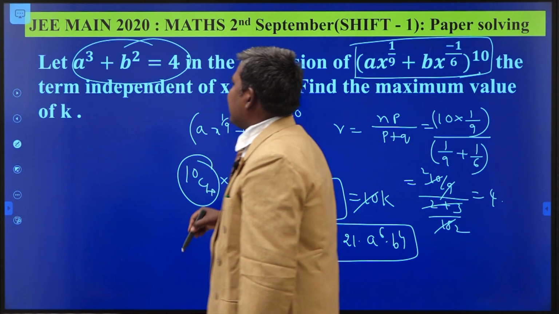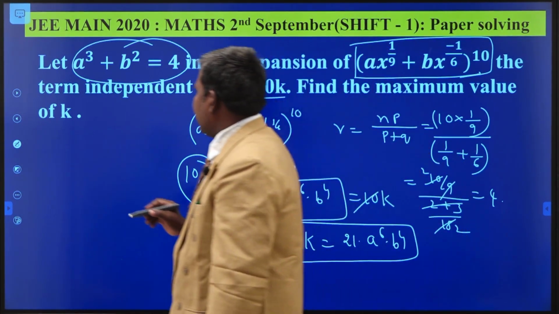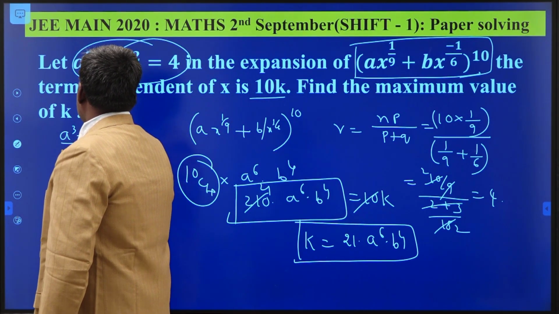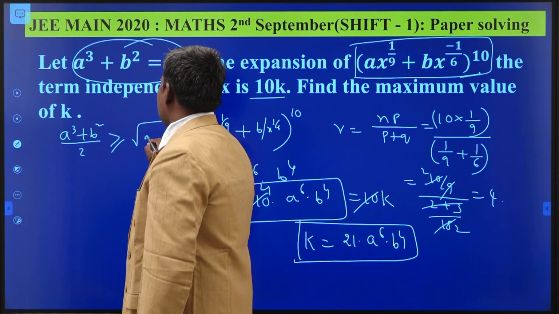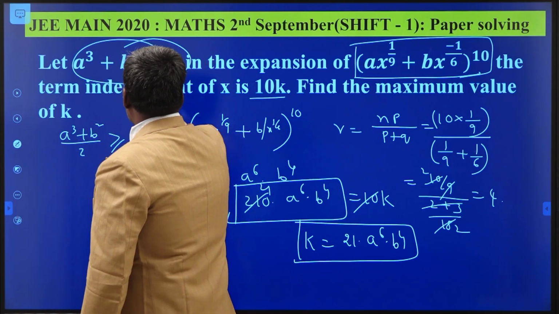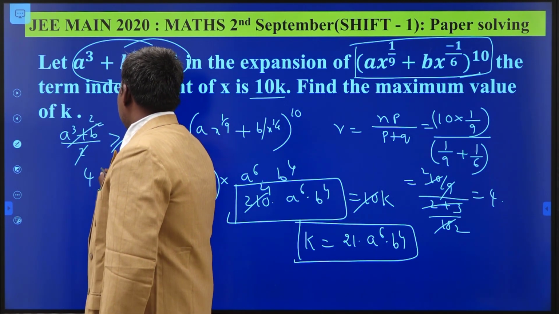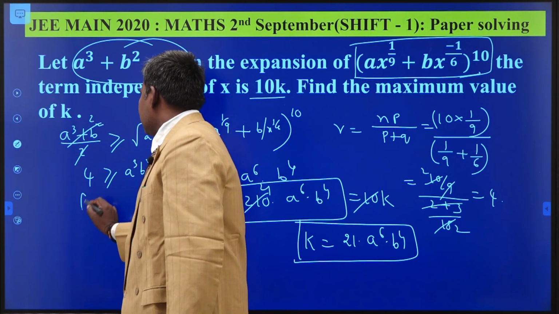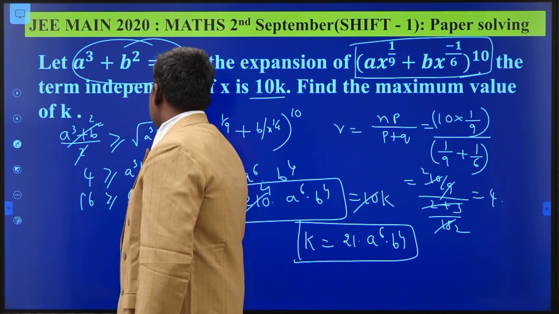Now applying arithmetic mean is greater than or equal to geometric mean. For that expression, what do we get? (a cube plus b square) by 2, the arithmetic mean of a cube and b square, is greater than or equal to the square root of a cube b square. Now a cube plus b square is 4, and the 2 cancels out. Squaring this, 4 is greater than or equal to a cube b square. Squaring again, 16 is greater than or equal to a power 6 b power 4.